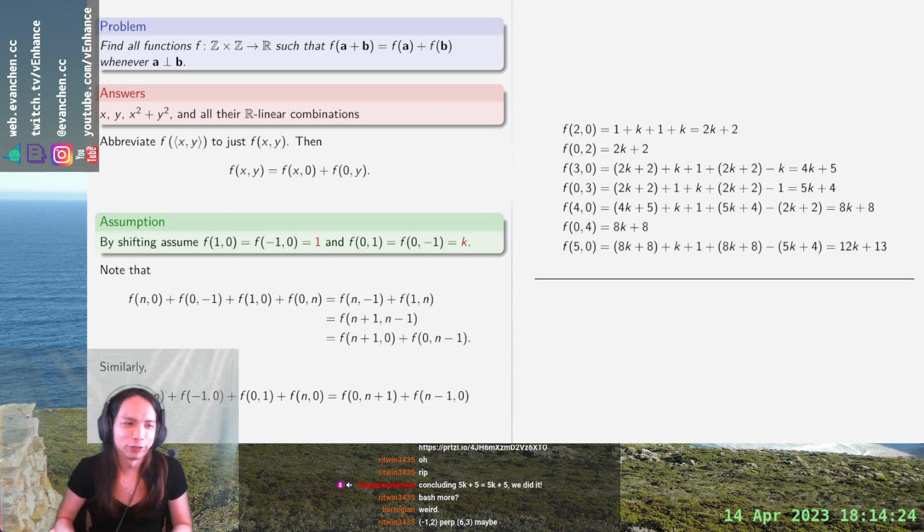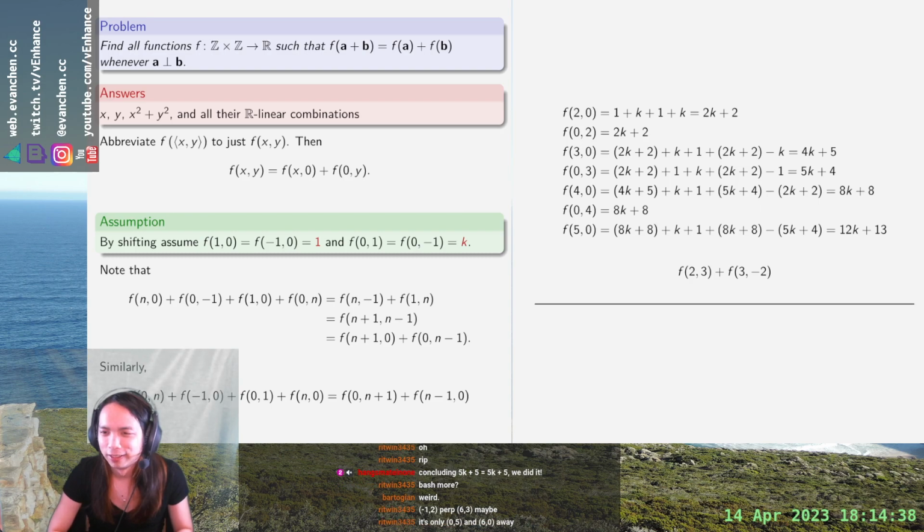Okay, (-1,6), (2,6), (3,6) maybe we'll do something. However, that requires you to go up to 6, which is a big number. I was just going to do like f of (2,3) plus f of (3,-2) or something and call it a day. Because this is f of (5,1).